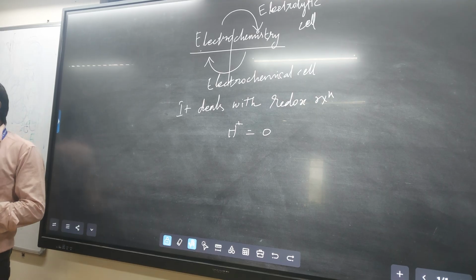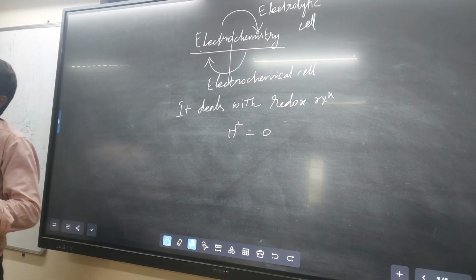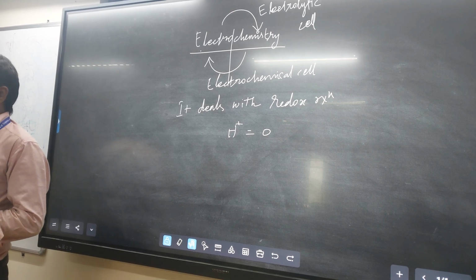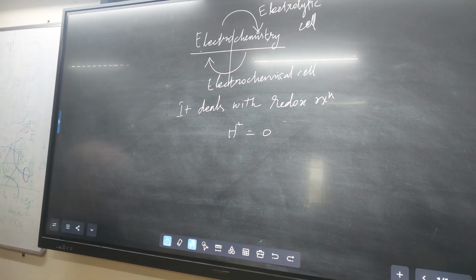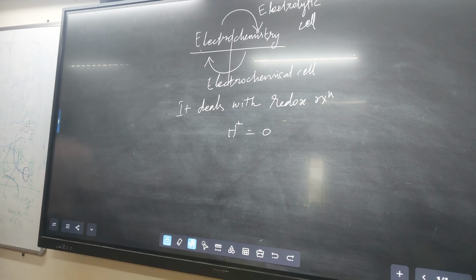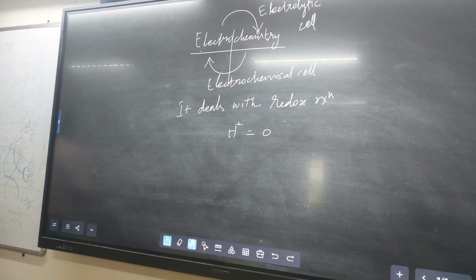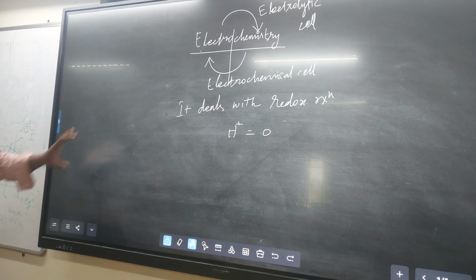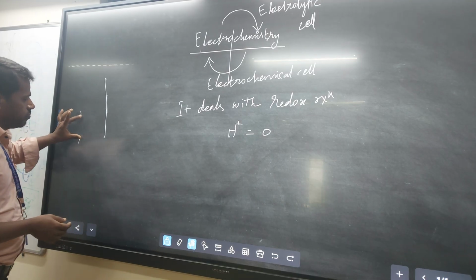When you connect the copper and the zinc, how much volt do you get? Normally, how much volt is there? 1.1 volt.